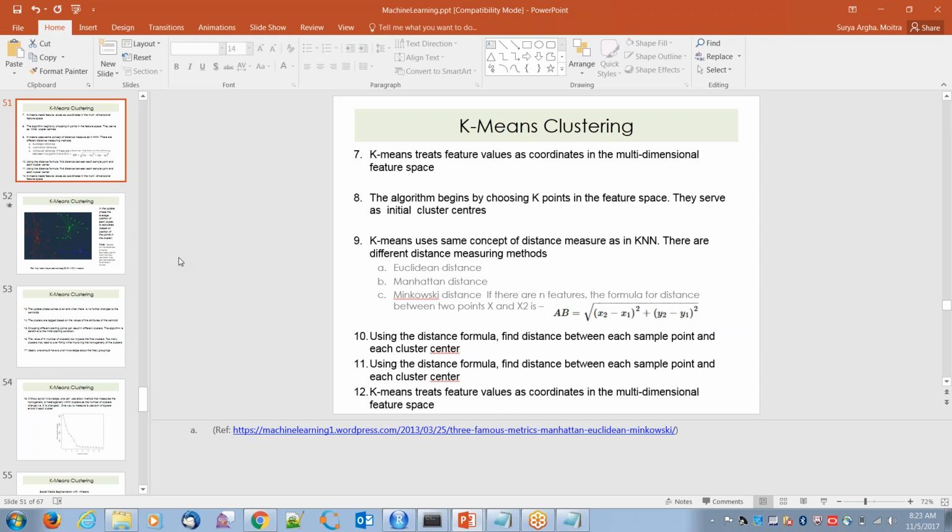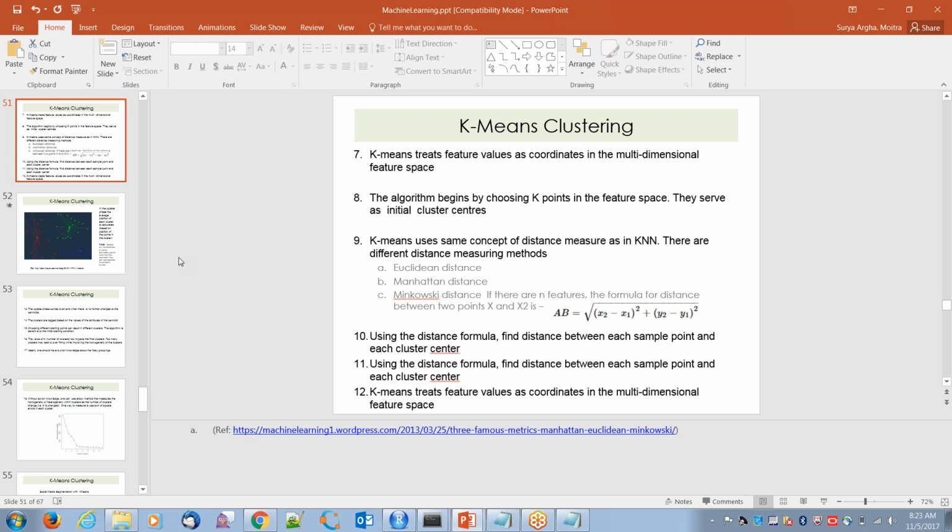The top down approach is called divisive hierarchical clustering, and the bottom up approach is called agglomerative hierarchical clustering. Okay, so what is that?